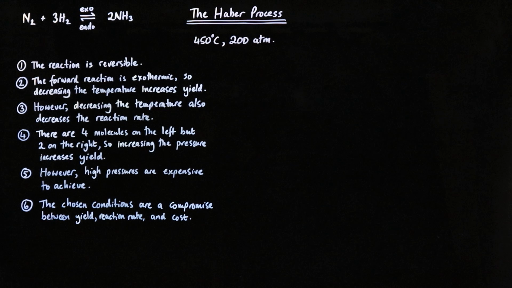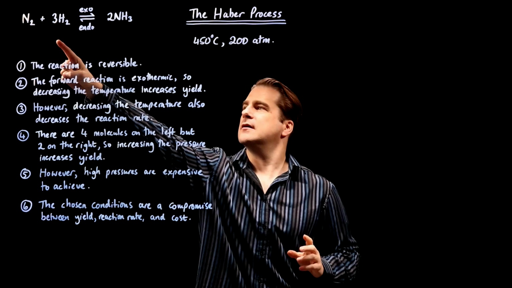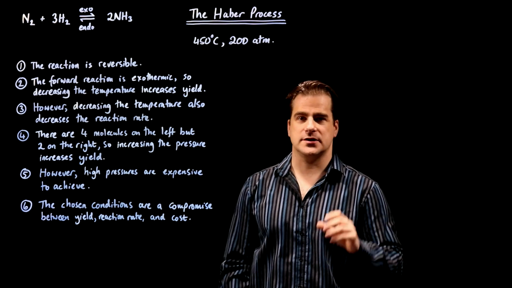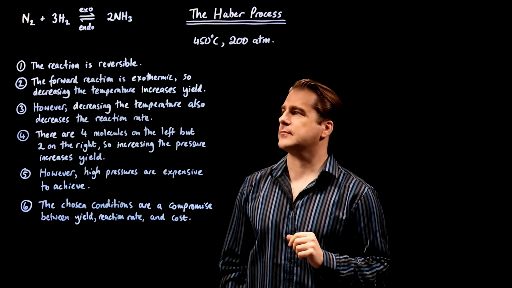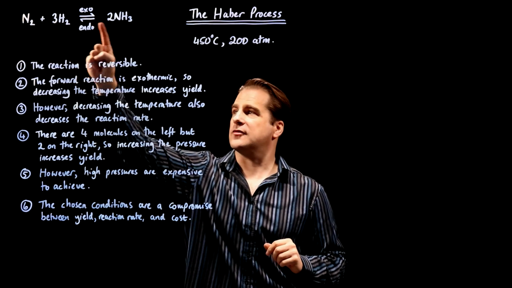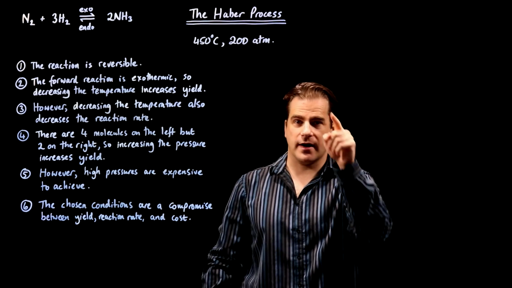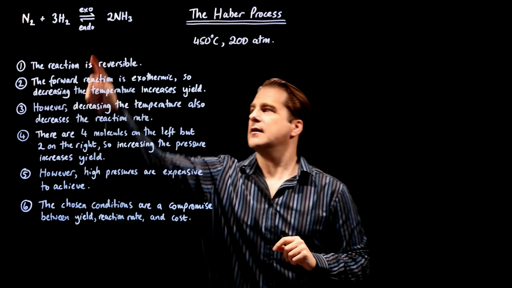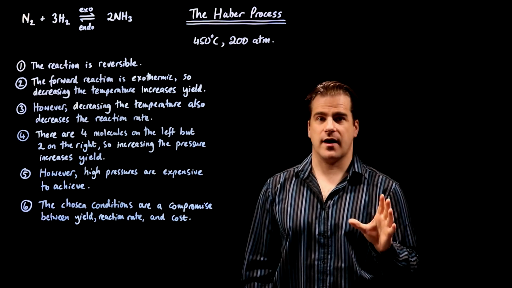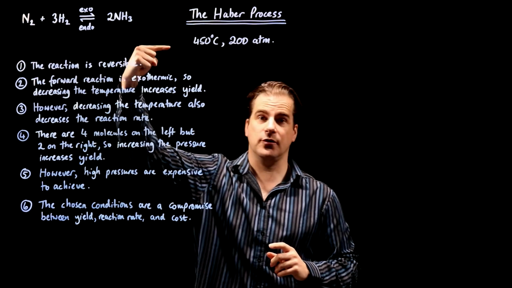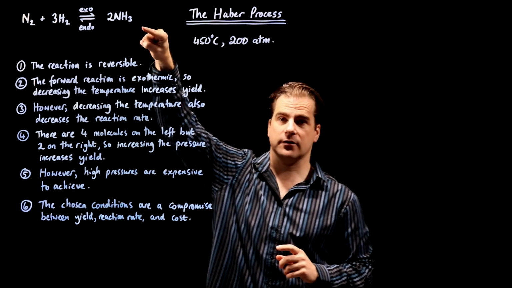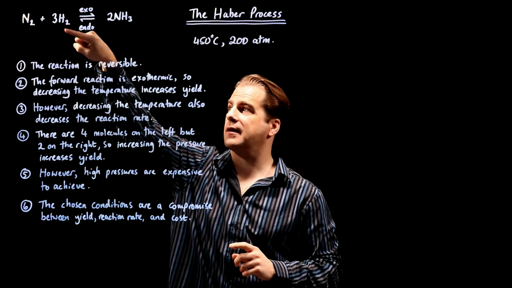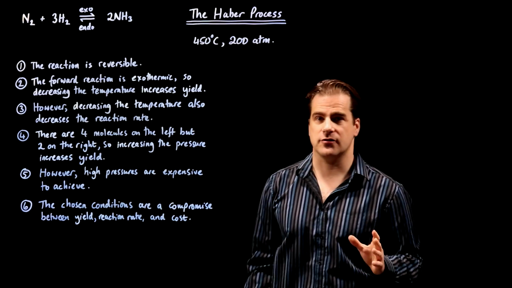So first thing to do is write out the Haber process equation at the top of the paper. So it's N2 plus 3H2, and use the correct double arrow symbol, goes to 2NH3. This double arrow means it's a reversible reaction. So it can go in the forward direction, but the ammonia that's formed can decompose and go back into nitrogen and hydrogen.